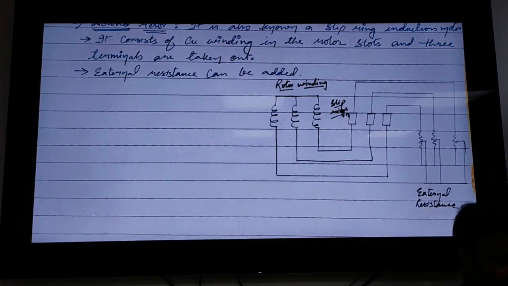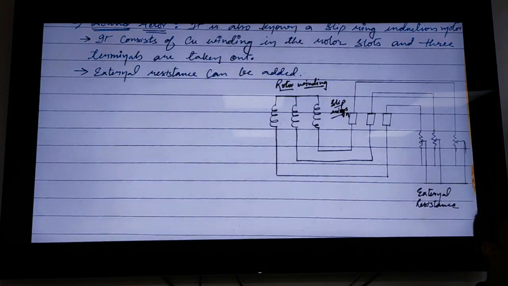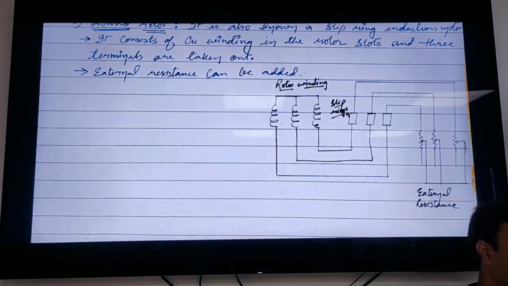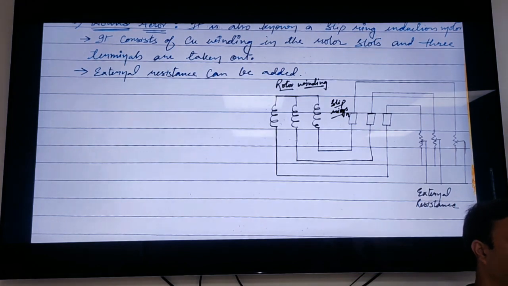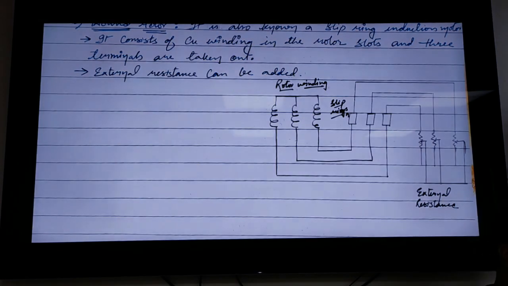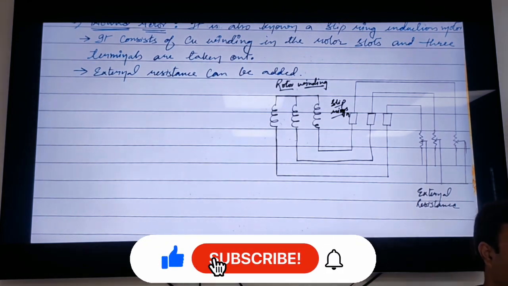And how this resistance is going to help: if we add some resistance in the starting, it will increase the starting torque of the induction motor. Whereas in the three-phase squirrel cage induction motor, we do not have any resistance which can be added in the rotor, so we cannot control the starting torque.